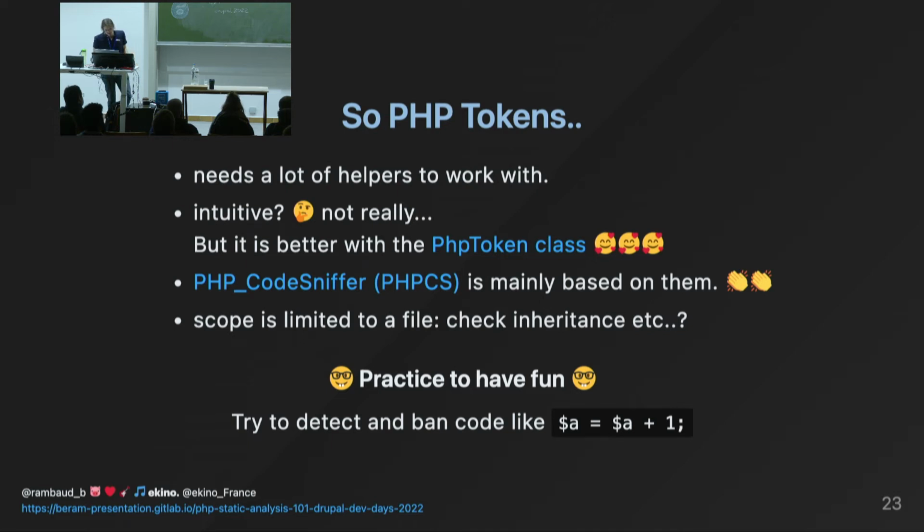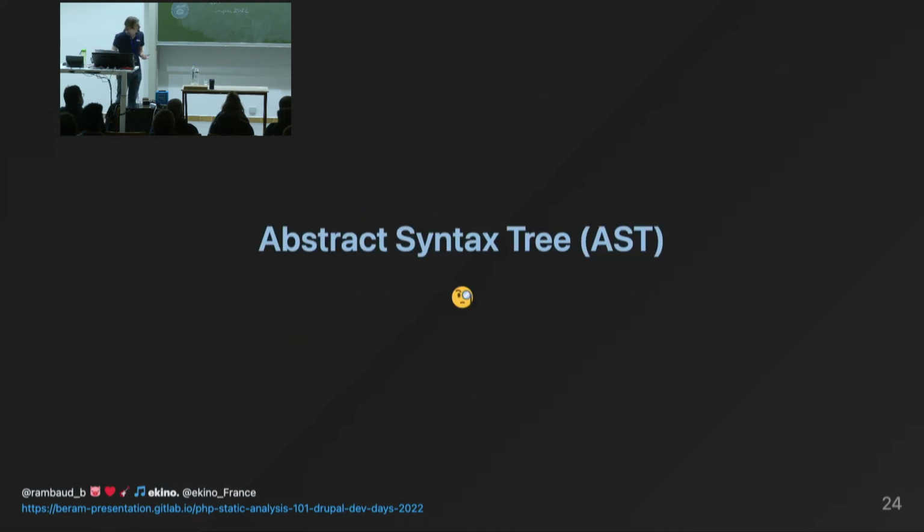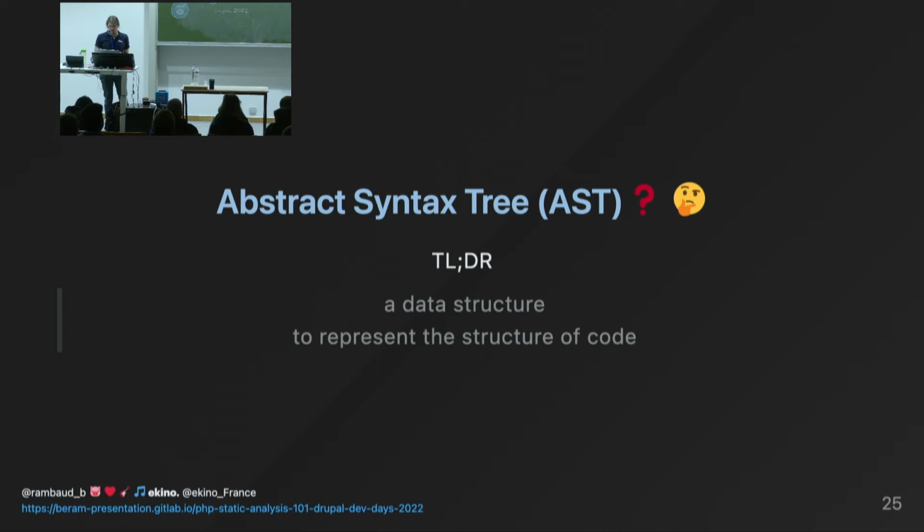So to go further, we have to check the abstract syntax tree. So yes, it's a tree. Yes, we are not talking about graph theory here, so nothing to be scared of. It's quite easy because an AST is just a data structure to represent the structure of your code. That's all.